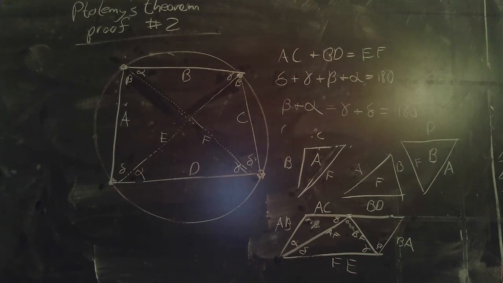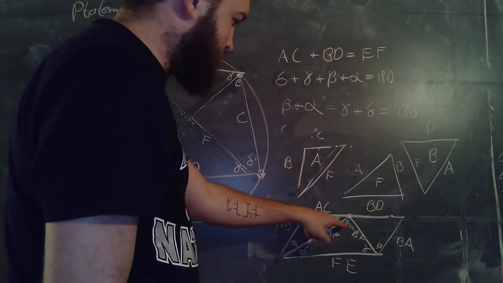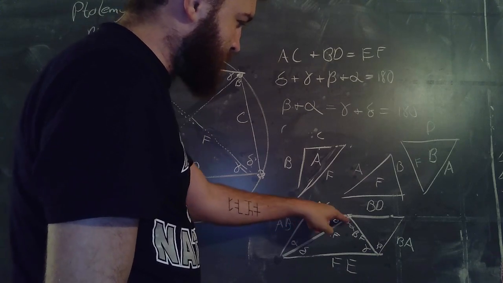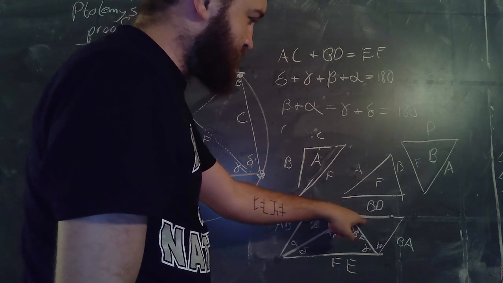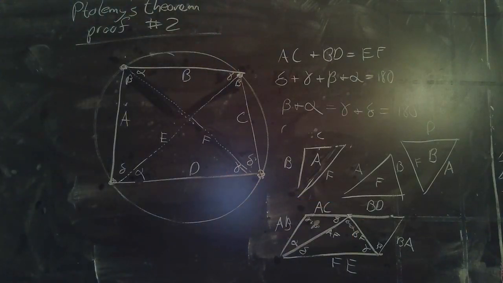Well, if we continue here, you'll notice that up at the top we have delta plus beta plus alpha, and this thing right here, in order for this to be a parallelogram, we simply have to make sure that it is the missing angle gamma.